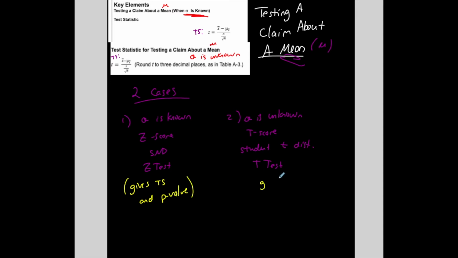The one-proportion z-test gave the test statistic and the p-value when I did a claim about p. Now I'm using z-test or t-test, depending on the situation, and this is going to give the test statistic and the p-value. So I can use it for whatever method you're going to use, because there are 3 different methods that I could use.